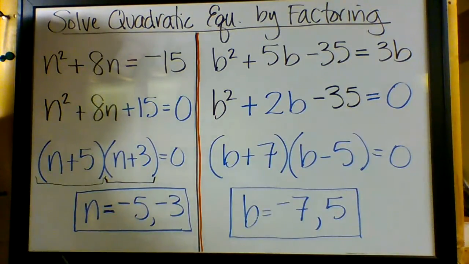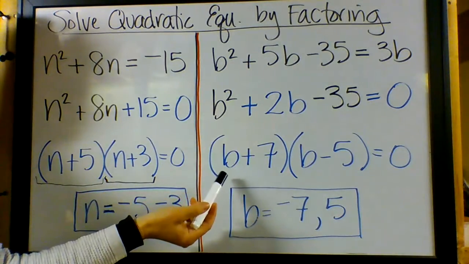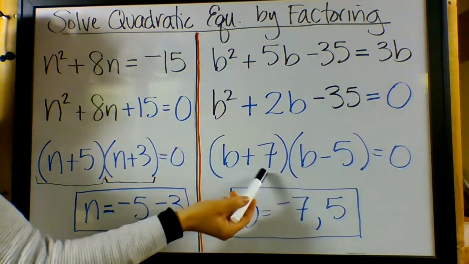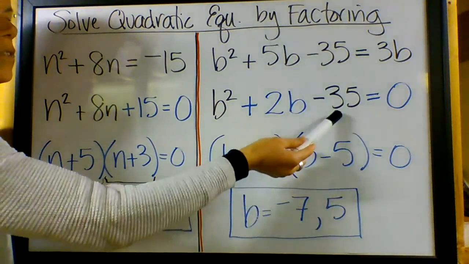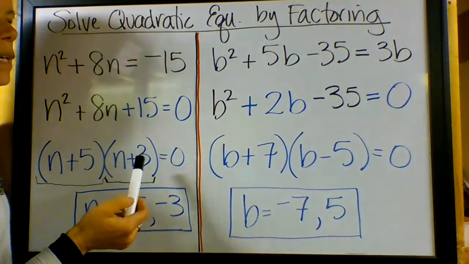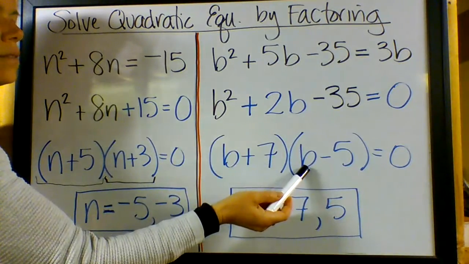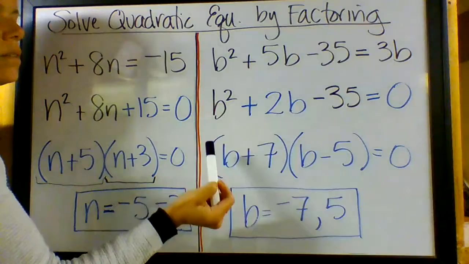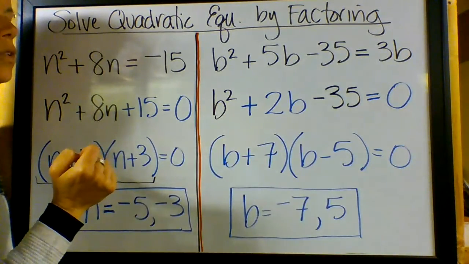I've got my equation equals 0 because I moved all of the terms to the left, and now I'm going to factor it. b plus 7 times b minus 5. So the question there again is what factors of negative 35 are going to give me 2b if I add them together. So put b in place, plus 7b minus 5b gives me positive 2b in the middle.